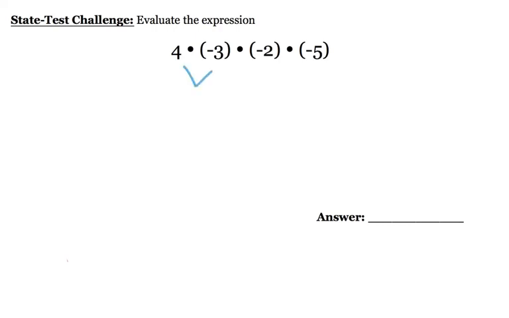4 times negative 3. So different signs, that's going to be a negative 12. And I'm going to bring down the times negative 2 and times negative 5. And now I'm just going to look at negative 12 times negative 2.